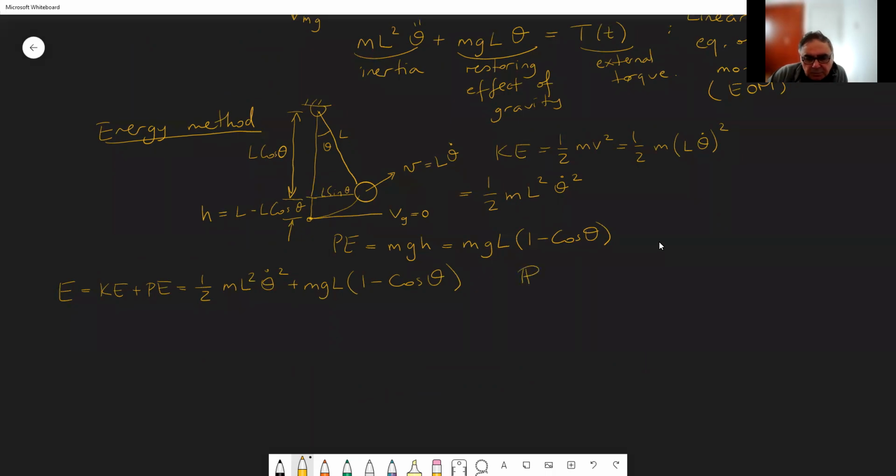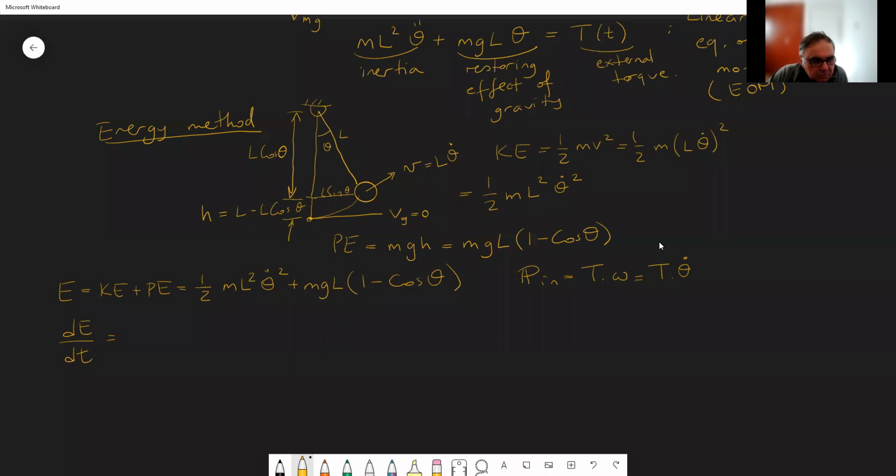Okay, the input power is simply, it is rotational, so it is torque times the angular velocity, which is torque times theta dot. So the time rate of change of energy, we take the time derivative of this expression, theta dot squared.